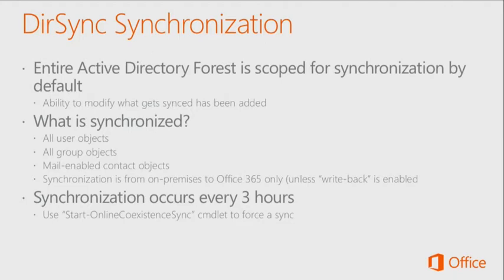And synchronization happens every 3 hours. And here's a nice little PowerShell command: Start-OnlineCoexistenceSync will force a directory sync immediately. So if you add a user, change the user's name, anything you do on premises, you can run that PowerShell command and it will synchronize.